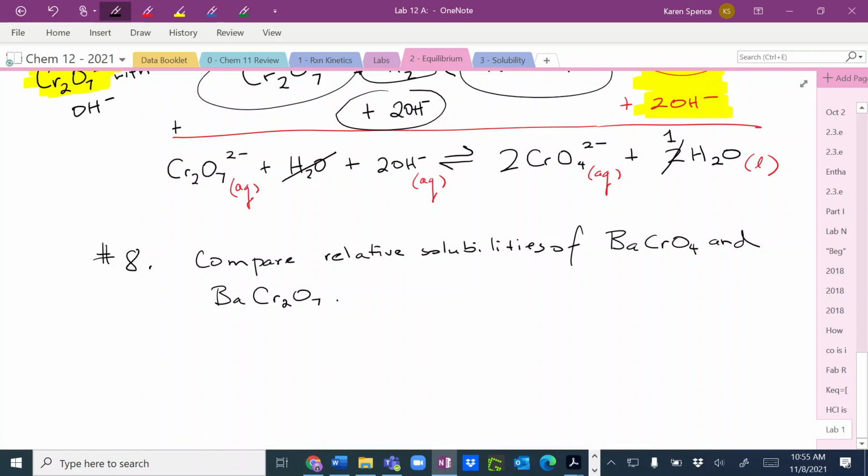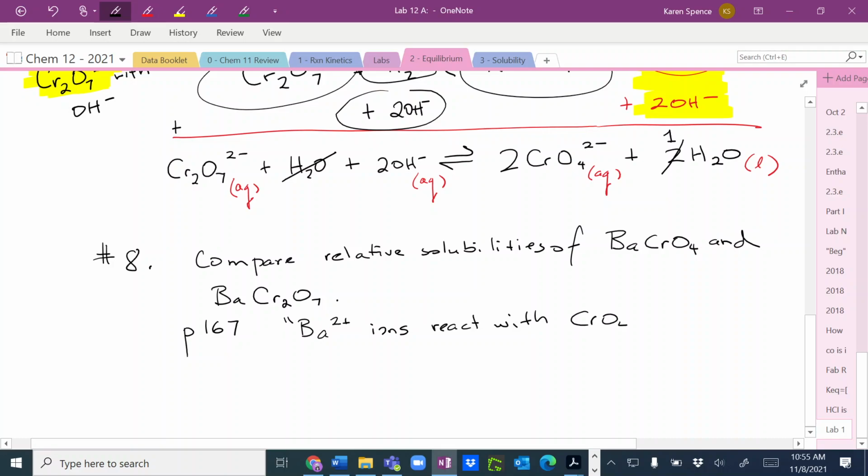Well, on page 167, we are told that Ba2 plus ions react with CrO4 2 minus ions to give solid BaCrO4.